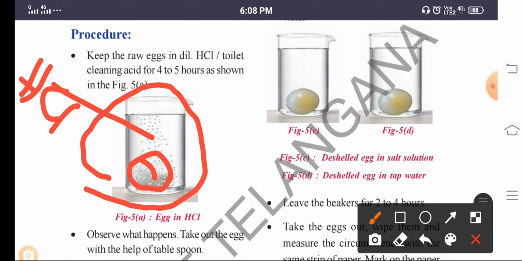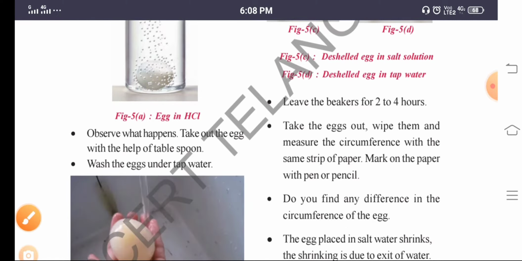Now what are the changes which we can see in this? So what happens here?